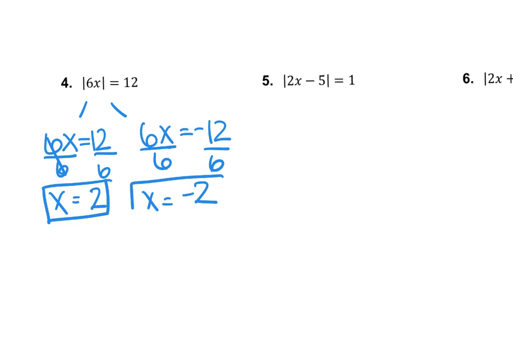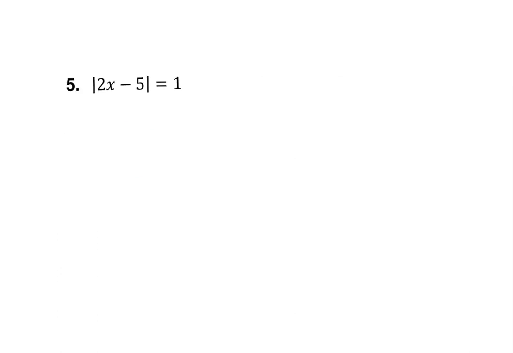And again, if you went up top and plugged them in, 2 times 6 is 12, and the absolute value of 12 is 12. And then negative 2 times 6 is equal to negative 12, and the absolute value of negative 12 is equal to 12.